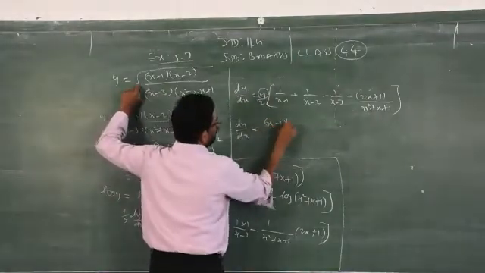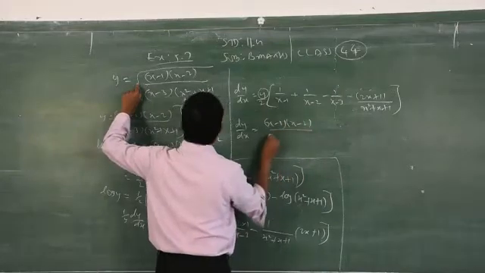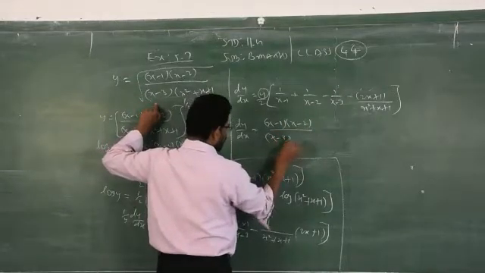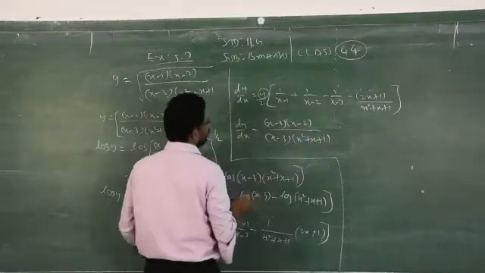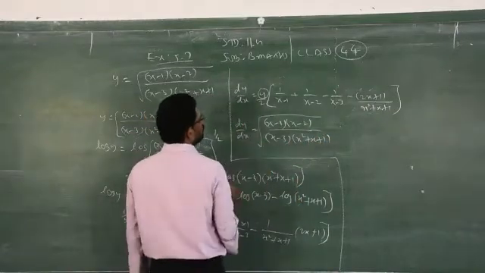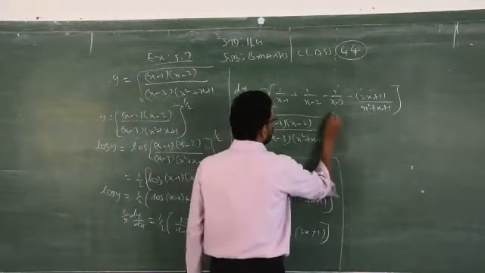x minus 1, x minus 2 by x minus 3, x squared plus x plus 1. Clear? Then the square root, we have 1 by 2.